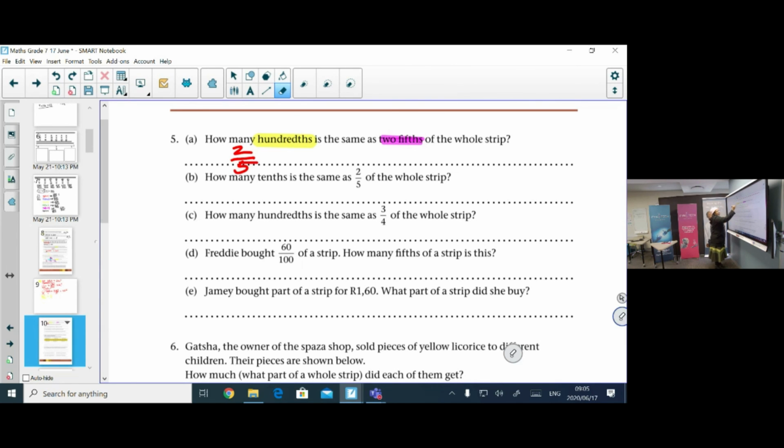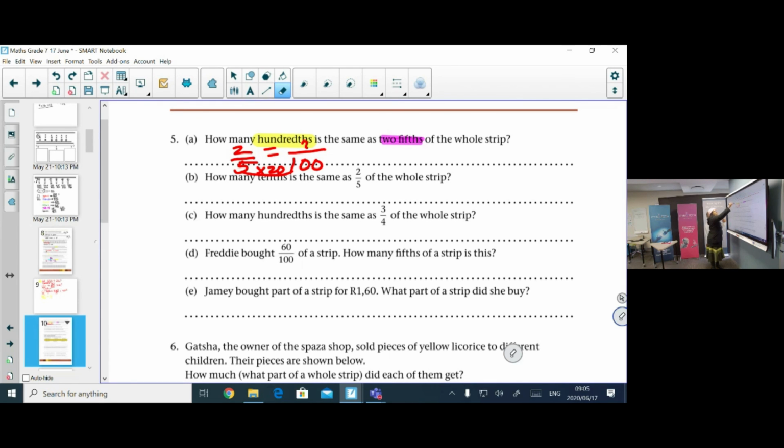And then the next one, how many? 100. Take your calculator and see the relationship between 5 and 100. So we see that the connection between the two is we multiply by 20.